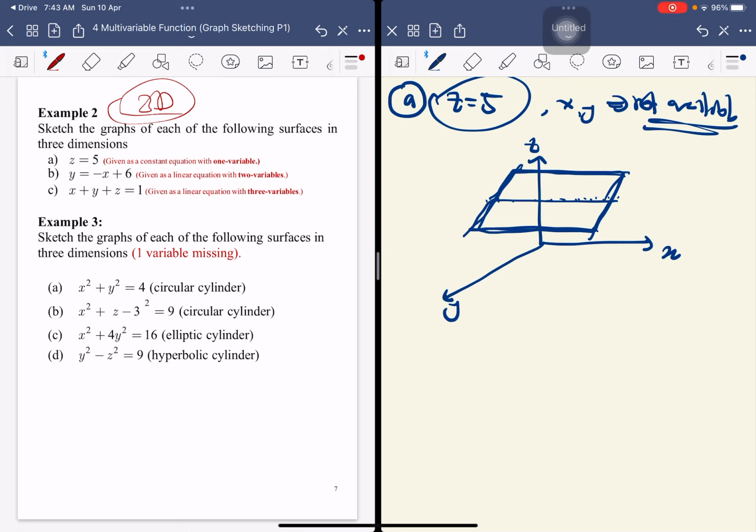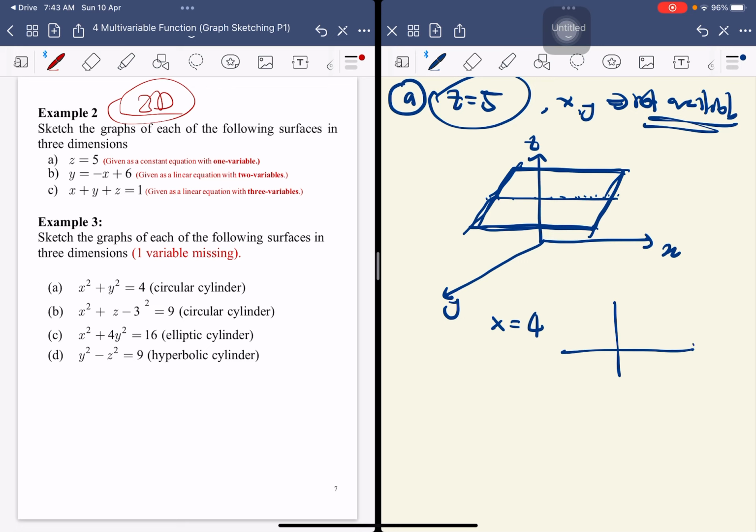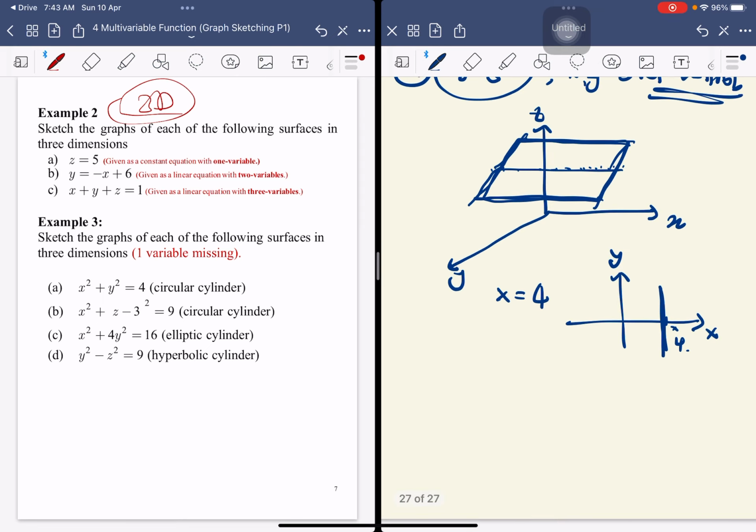If I give you another example, x equal to 4 in the 2D graph with x and y should be a straight line like this, at x equal to 4. But if we would like to get it in 3D, for example, if I put y over here, z over here, and then x over here, that will be easy for you to sketch.